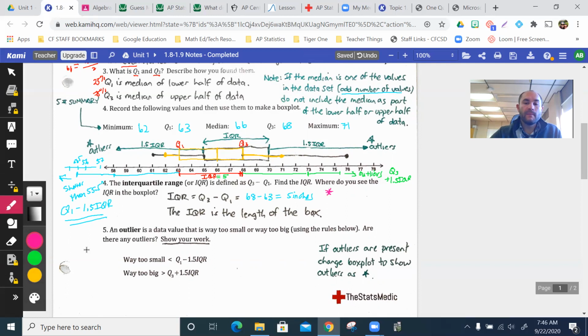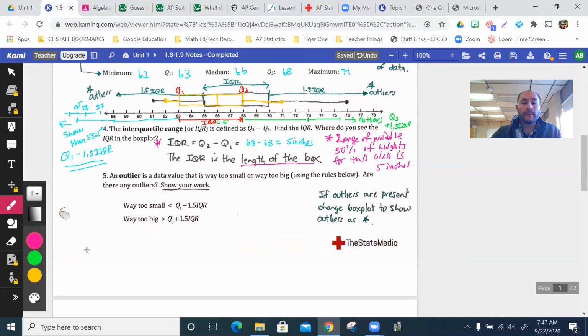This means that the range of the middle 50% of heights, we need context, for this class is 5 inches. That's what that means. The range of the middle 50%. The length of that box is the IQR. We should always talk about the IQR when we're talking about box plots.